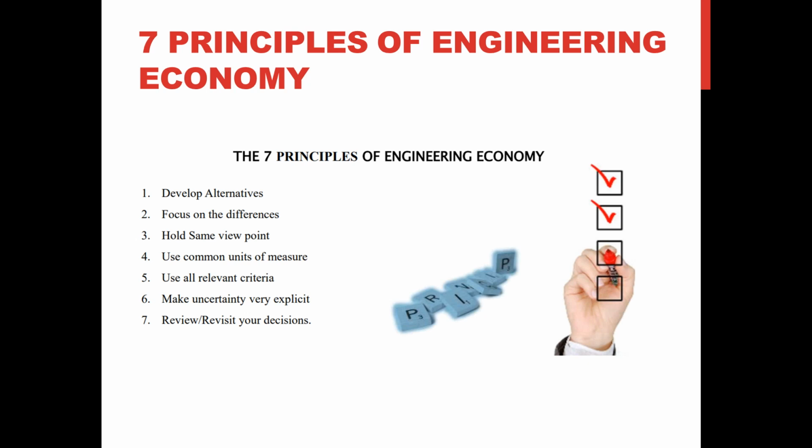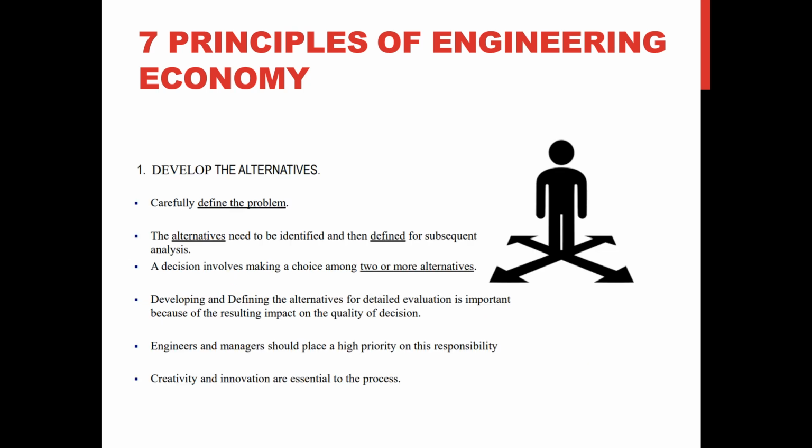Okay, ito yun. So let us have developing the alternative. So first we need to define the problem carefully, and then what are the alternatives need to be identified and then defined for subsequent analysis.